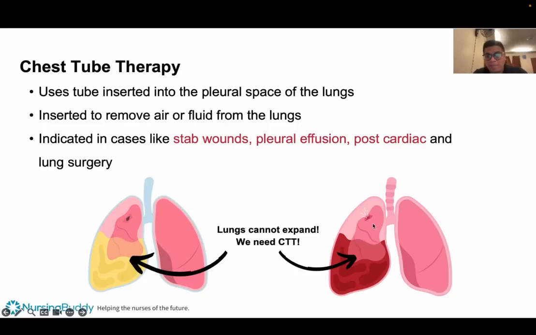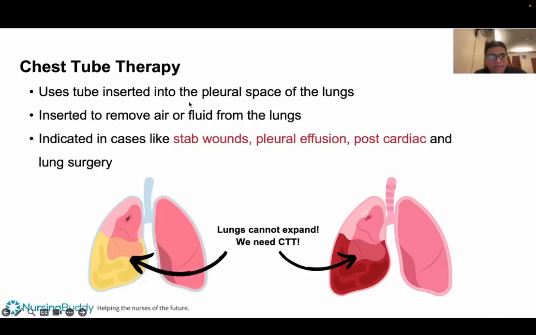So ang problema po natin kapatid is that, for example here in these illustrations, in case of stab wound, say for example, or trauma, your lungs would actually collapse and your fluid would easily accumulate on the pleural spaces. So now, to avoid that from happening, we need a CTT or your chest tube therapy.